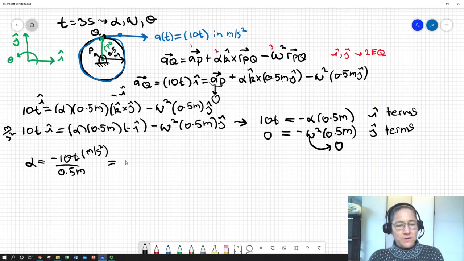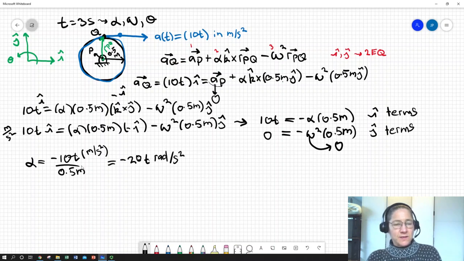So that's equal to negative 20t radians per second squared. Okay, so that's increasing with time. So there's our angular acceleration. If we wanted to know what it was at 3 seconds, we put in 3 seconds, and we'll just do a little tally up over here.